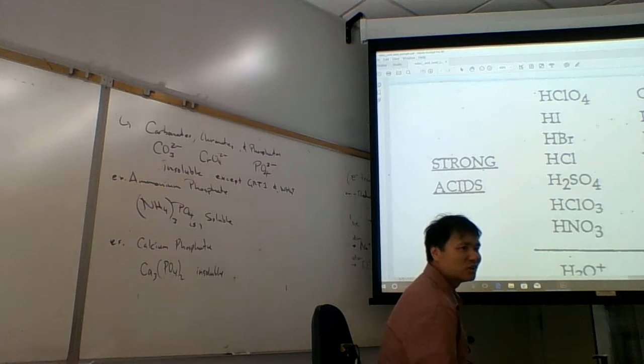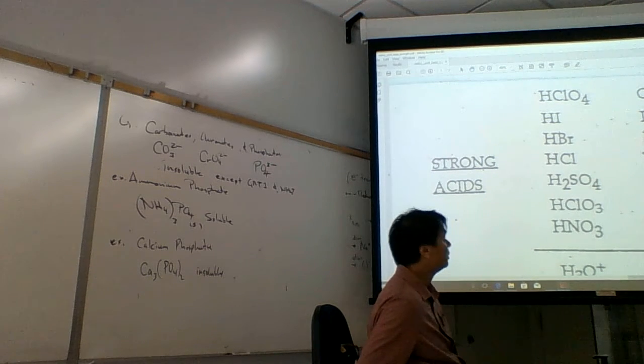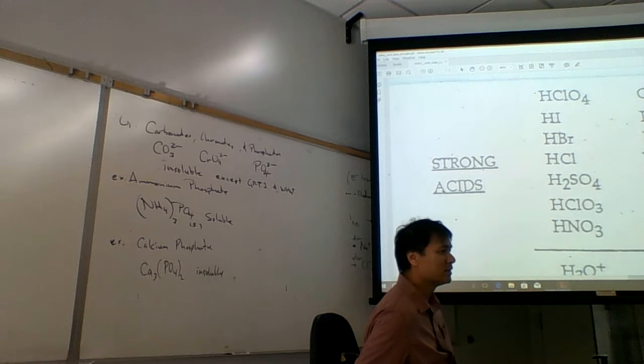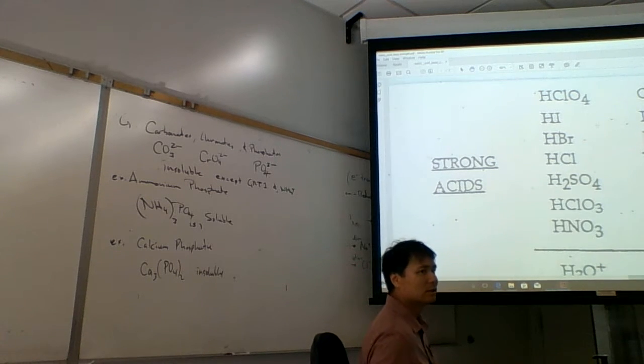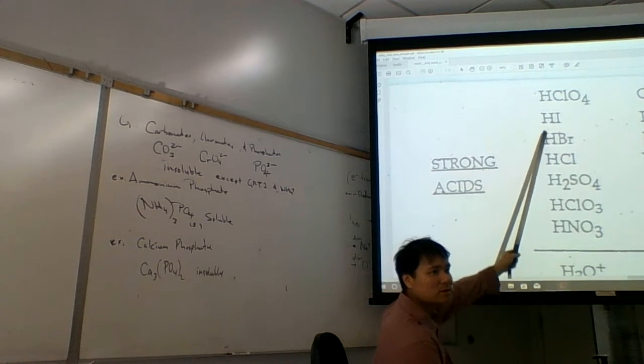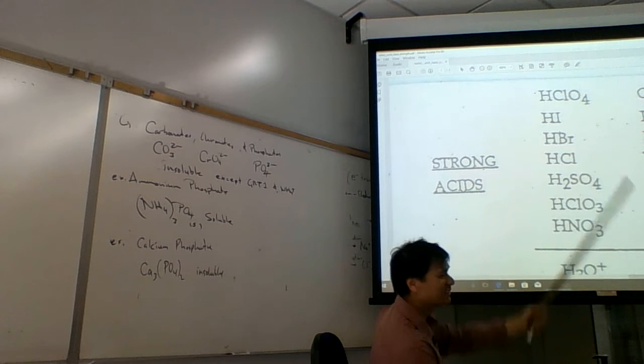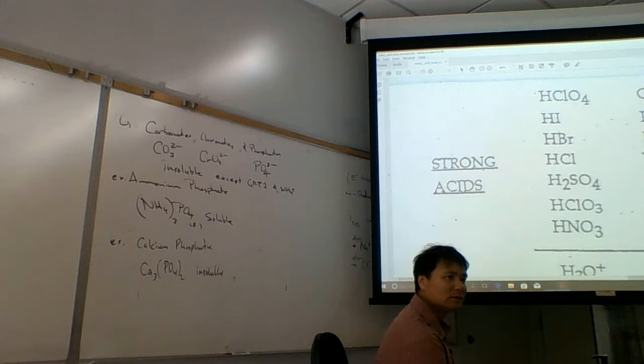No, that's not hydrochloric acid. Which one's hydrochloric acid? You see it? HCl. This is hydrochloric acid here. This is called something else. What is the anion? Is the anion chlorate? Chlorate.